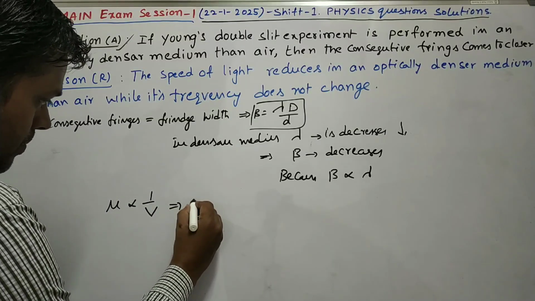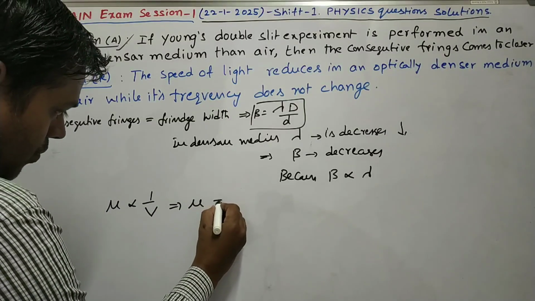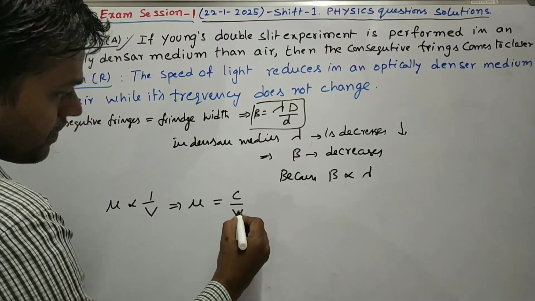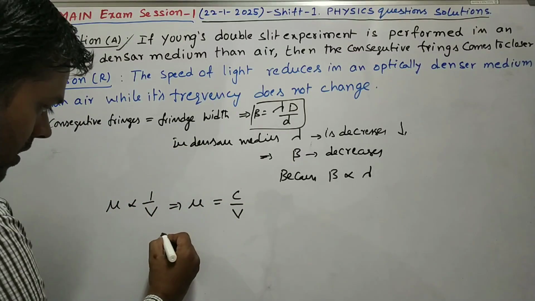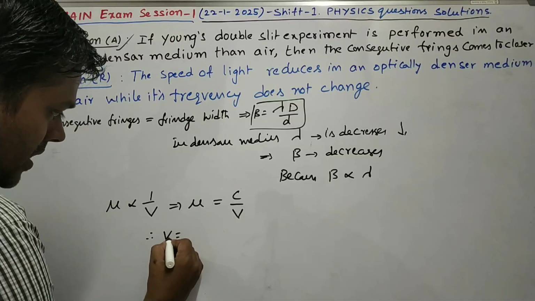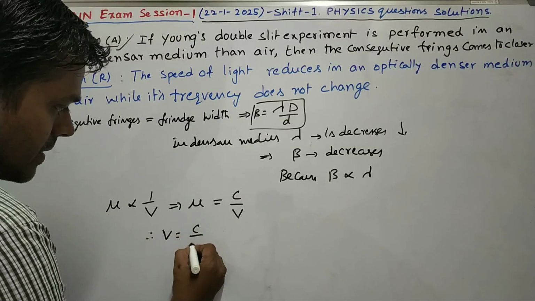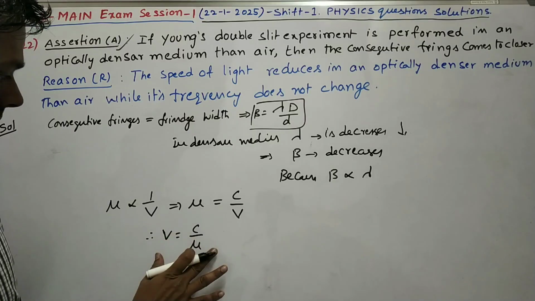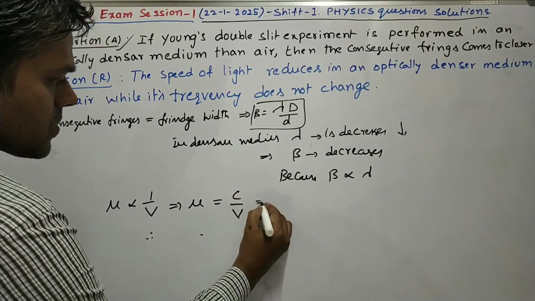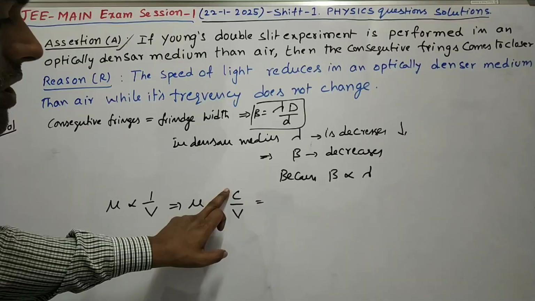That implies mu is equal to C by V, isn't it? Here C is the speed of light in air. So V, the speed of light in any medium, is equal to C by mu. So C is the speed of light in air.